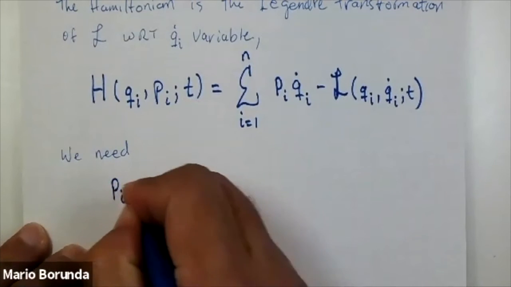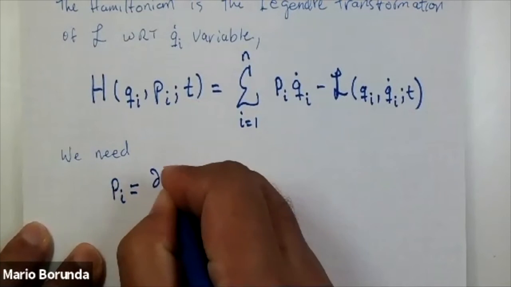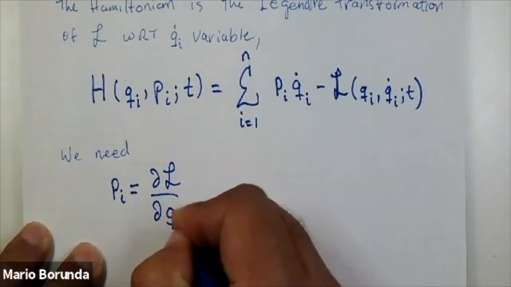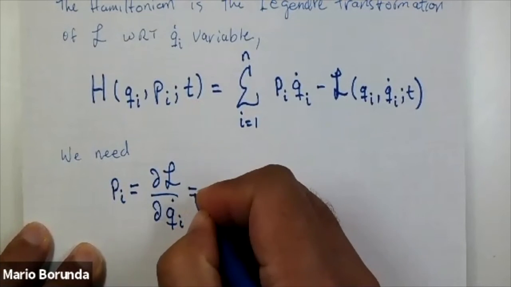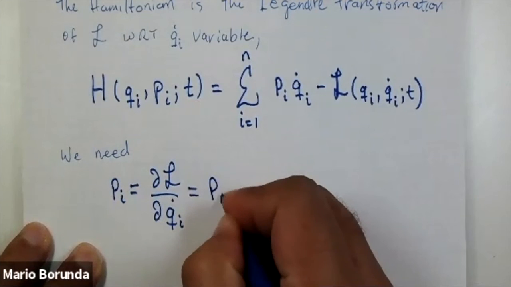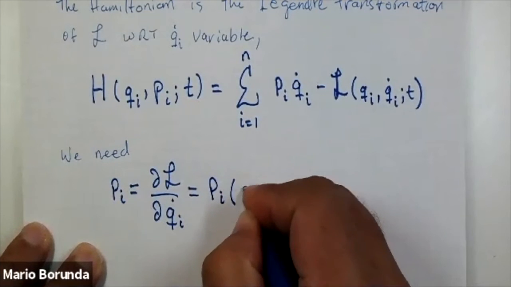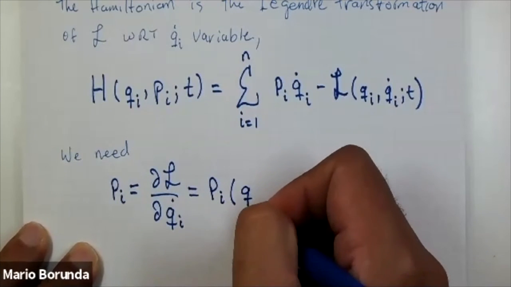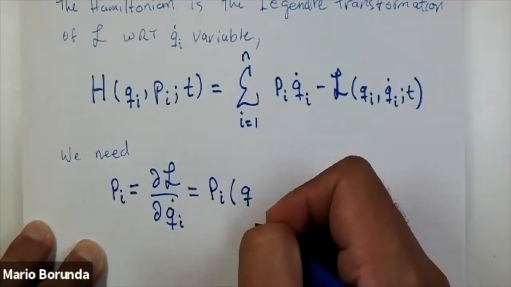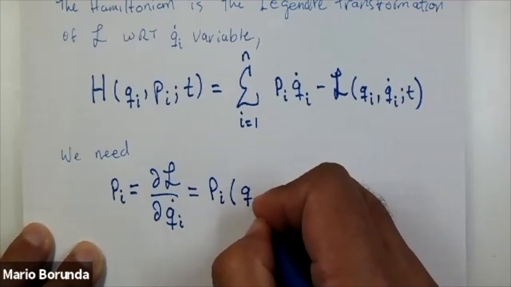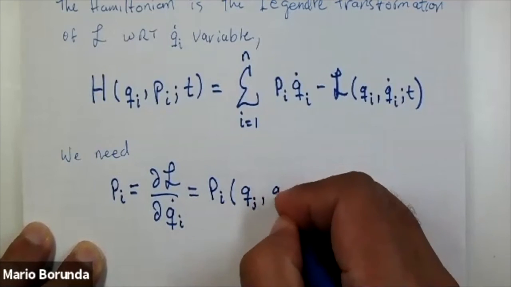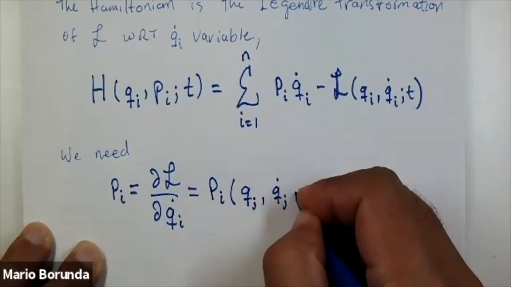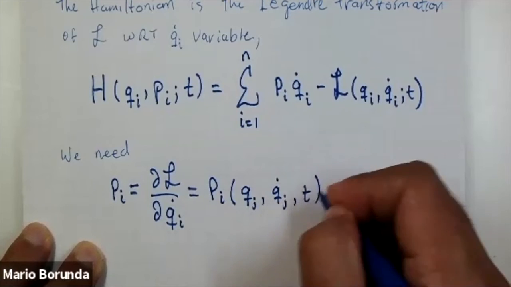So we need to figure out what this one is, but we already knew this one because this one is this right here. And that means that we have pi, which is a function of q. It doesn't have to be the same variable, so let's put it as qj dot, and again time.